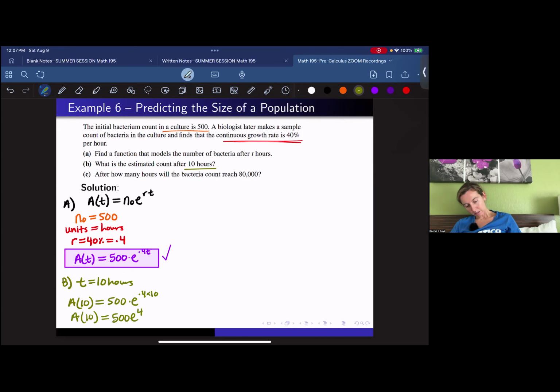And this stands for bacteria. So this is our exact value. But if we wanted to plug it into our calculator to get a rough estimate, we would get a lot of bacteria, 27,299 approximately.